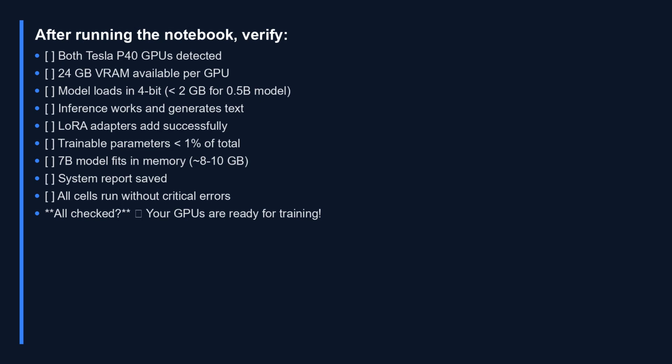After running the notebook, verify: both Tesla P40 GPUs detected. 24 GB VRAM available per GPU. Model loads in 4-bit, approximately 0.5 GB for the 0.5B model. Inference works and generates text.